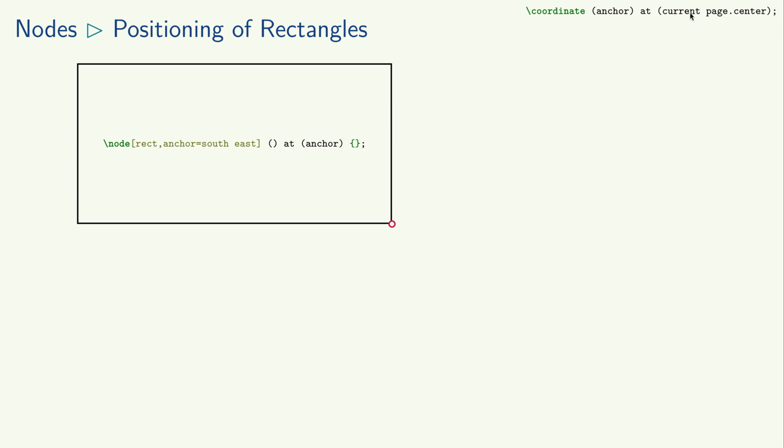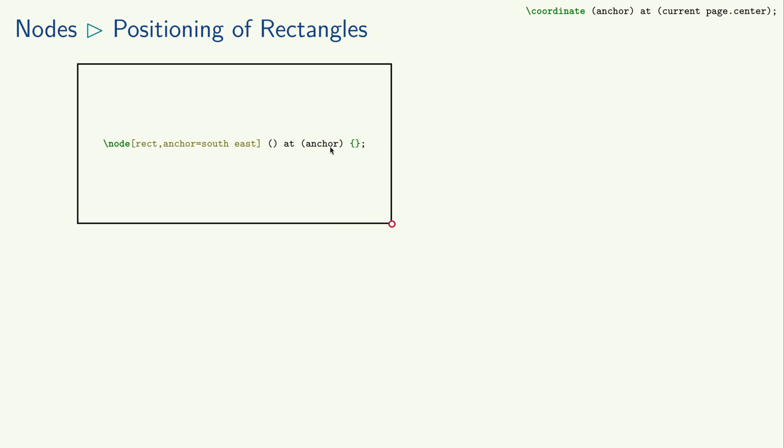We can use this for positioning rectangles. So let's put in a coordinate here. This is an anchor point at the center of the current page. And I can place a rectangle here. We do that with this command. You need to remember the semicolon, and whatever text you want inside the rectangle, you put in between these brackets.